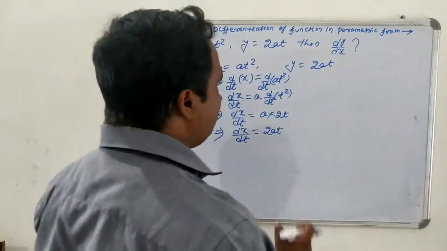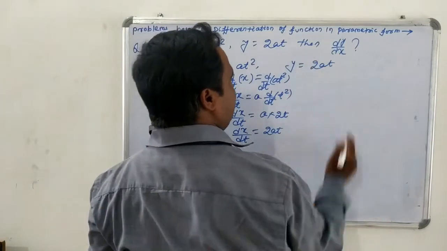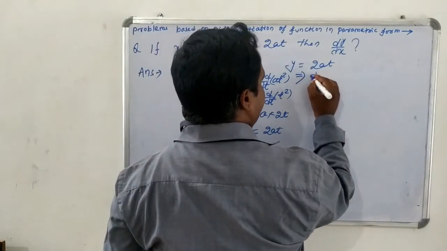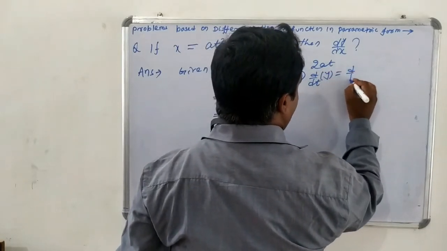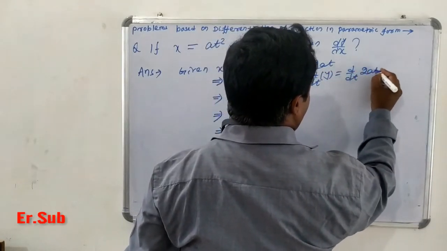Similarly, y is a function of t. Taking d by dt on both sides, d by dt of y equals d by dt of 2at.